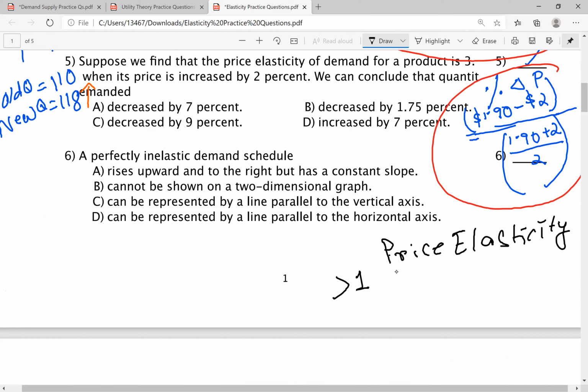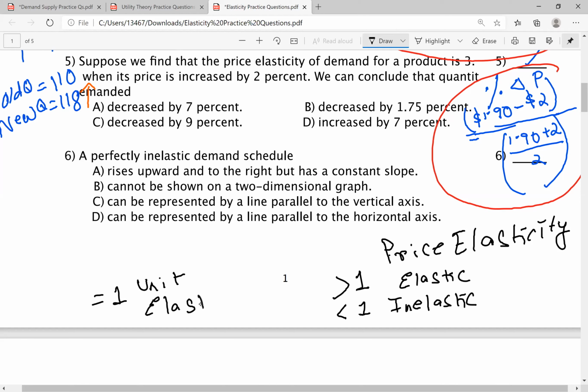If your value is greater than 1, we say demand is elastic. If your value is less than 1, we say the demand is inelastic. If the value is equal to 1, we say that demand is unit elastic. Okay.